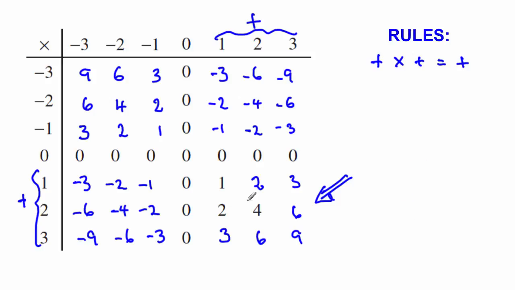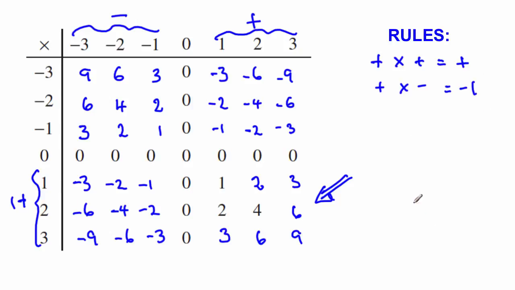If, however, I take my positive number and I multiply it with a negative number, positive times a negative, I get this group of numbers here. A positive times a negative, a positive times a negative number. You'll notice they're all negative numbers.